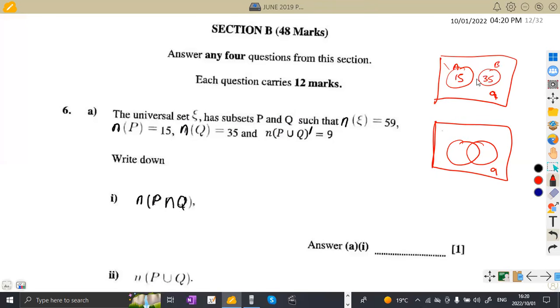So what is in A, what is in B, and what is not in either is giving us 59. It means actually there's no intersection. There's nothing in between these two sets, provided we are working with them as disjoint sets. So it's going to be equal to 0, because we are saying there is nothing. That is the condition that you will be working with. Because on this condition, you do not know how many elements you are going to take at the intersection, so it's very difficult for you to say this was actually joined like this.